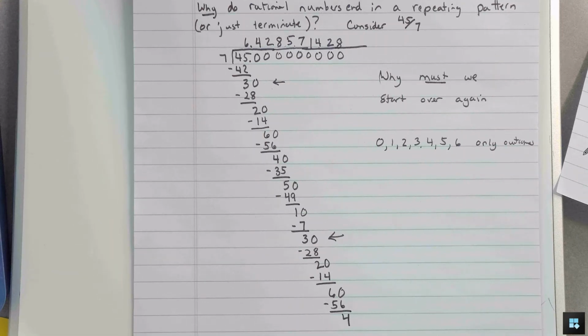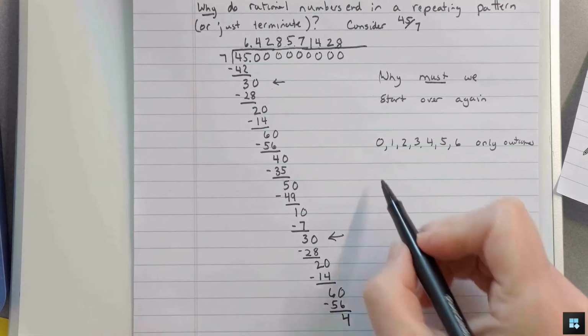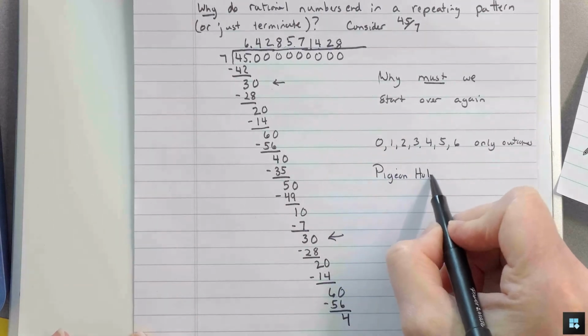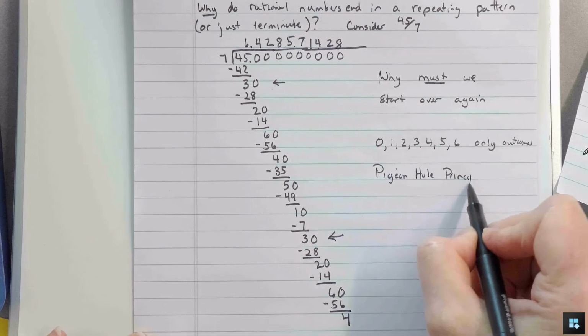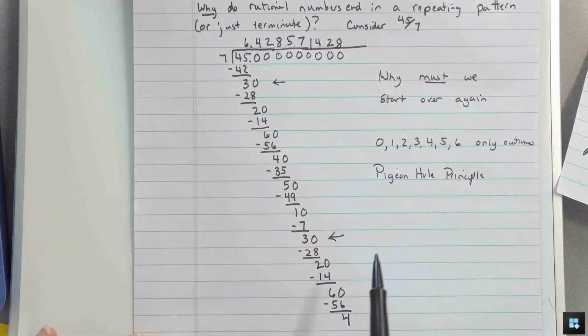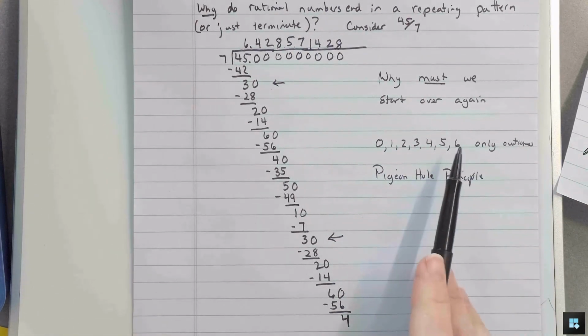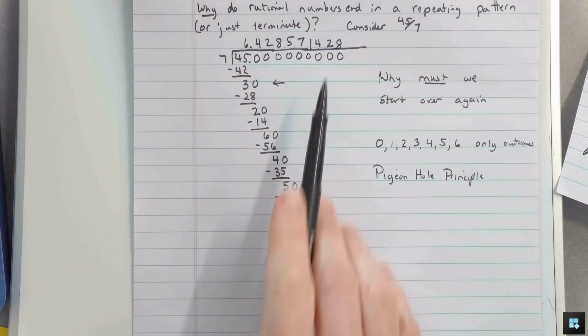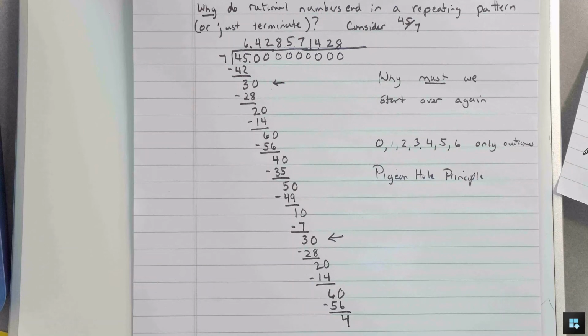Anyone remember the name of that principle? Good. It's the pigeonhole principle. The pigeonhole principle said if we have only 7 possible outcomes and we're dividing 9 times, one of those outcomes has to be used at least twice.